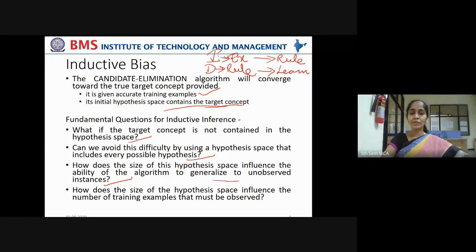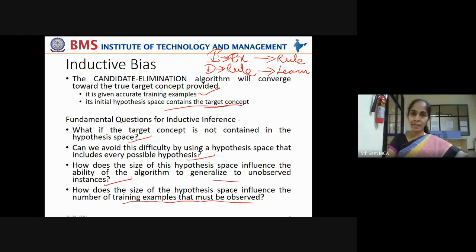How does the size of the hypothesis space influence the number of training examples that must be observed? Now, you have all possible combinations of the attributes in the hypothesis space H. Now, in order to eliminate those hypotheses which are not applicable, how many training examples have to be given to the learner?